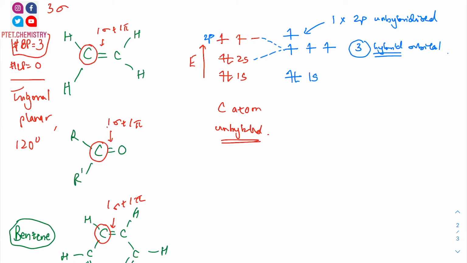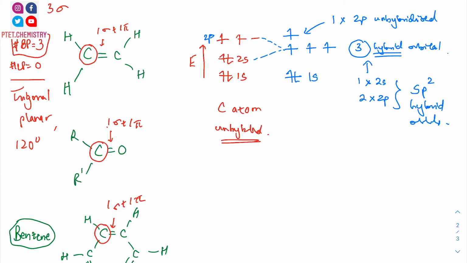Because I only have 3 hybrid orbitals, what does that mean? I have 1 of the 2s orbital. I used only 2 out of the 3 2p orbitals. I have 3 orbitals originally, 1, 2, 3. I only used 2 of them. Then I have 1 more unhybridized. So I have 1 of the s, I use 2 of the p, I get sp2 hybrid orbitals.